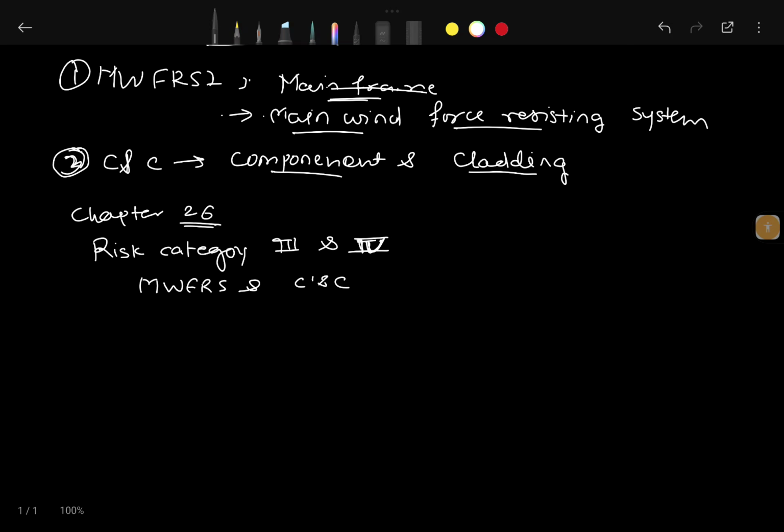So start with the procedure. The design wind load for the building and other structure, including MWFRS and C&C building, shall be determined using one of the procedures.